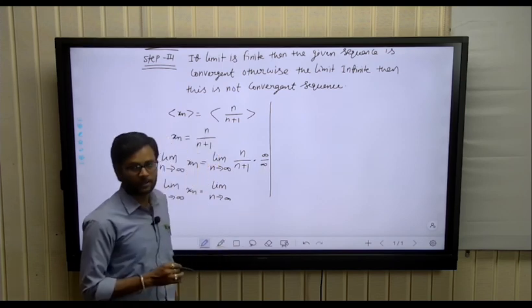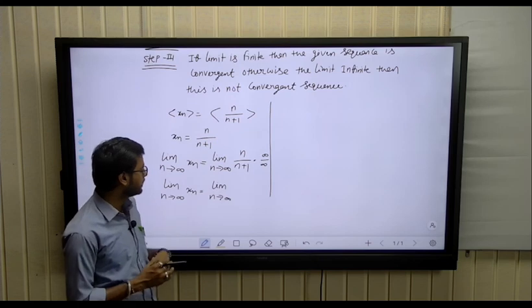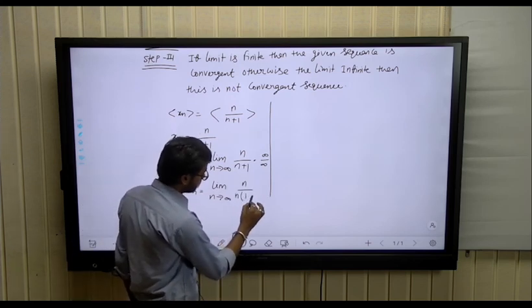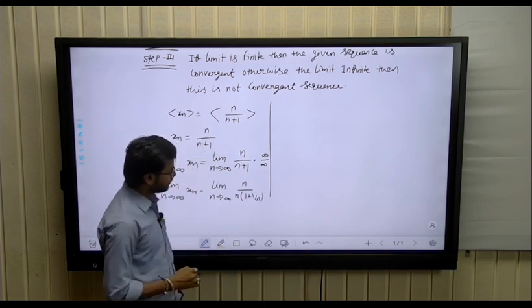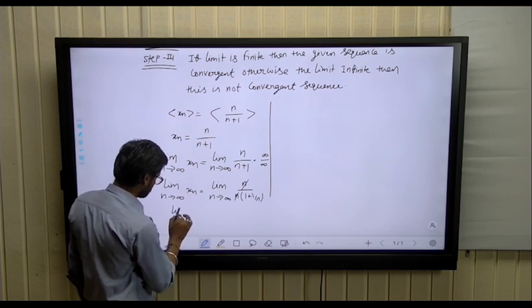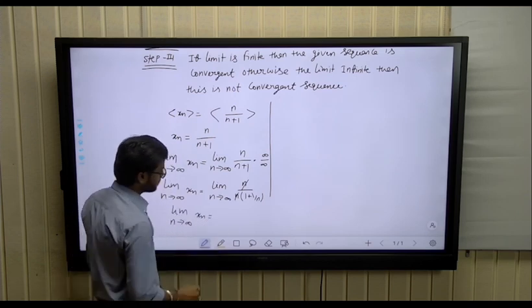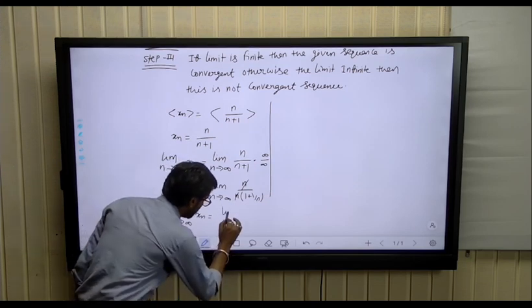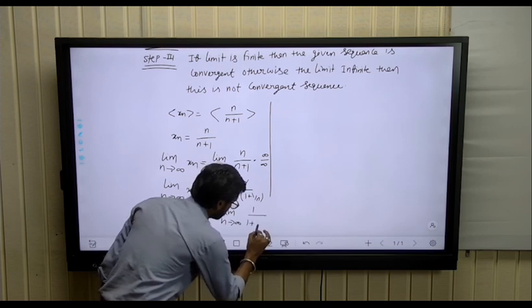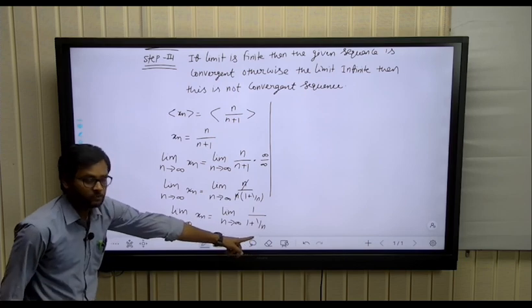So this is an undetermined form, which does not exist in mathematics. So we take n common, and the n in numerator and denominator cancel. We get limit n tends to infinity 1 upon 1 plus 1 upon n. Now we put the value of n as infinity here.